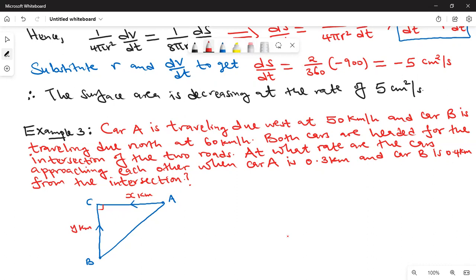The intersection is at point C, and that is at any time t. So let me explain here that x is the distance from A to C at time t.